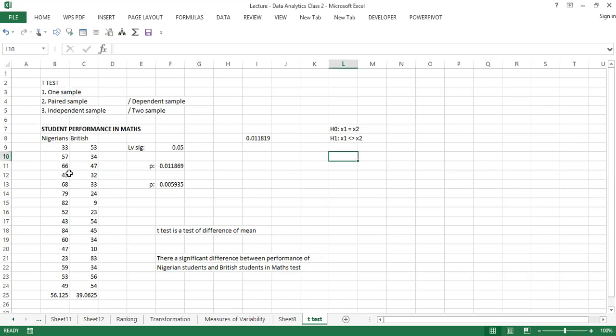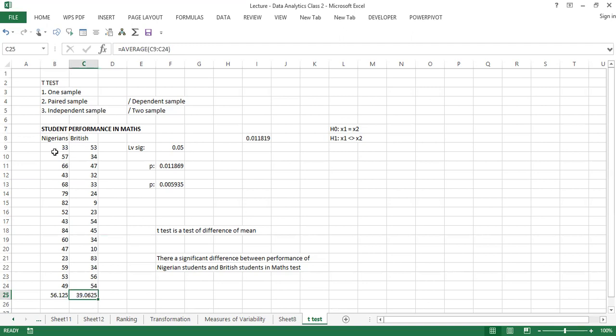So again, we know we are carrying out hypothesis tests. We are trying to see if there's a statistically significant difference between the average performance, average score of Nigerian students and average score of British students in maths.